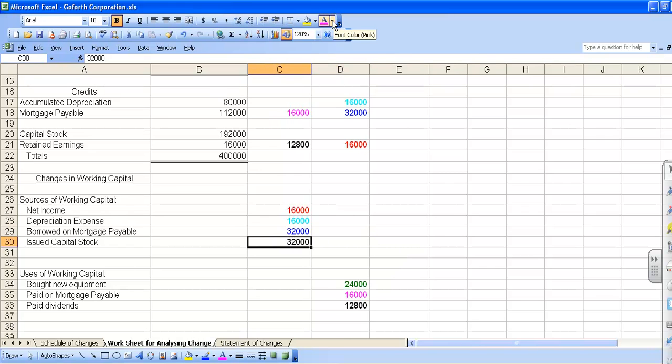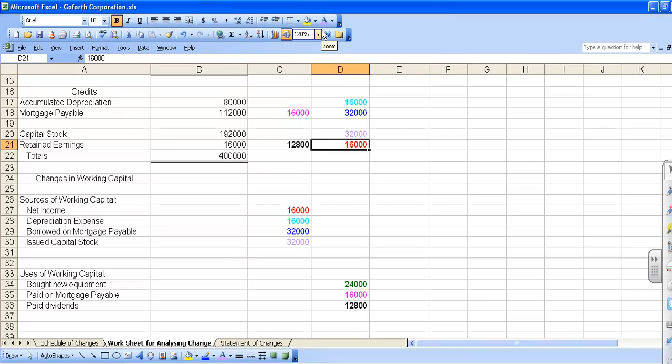And I think we'll color this one purple. And that additional capital stock is going to go under capital stock. There, we've now analyzed the changes.